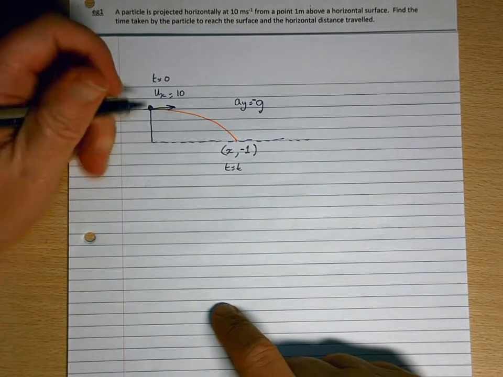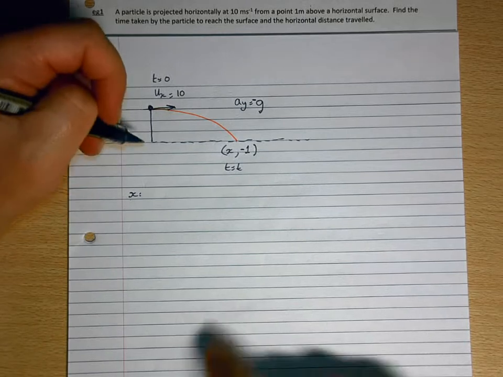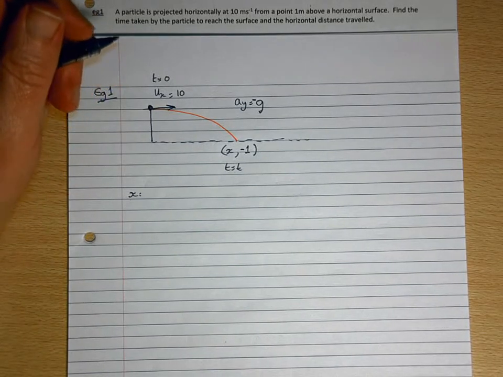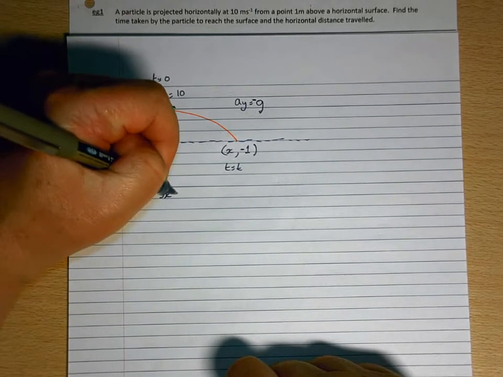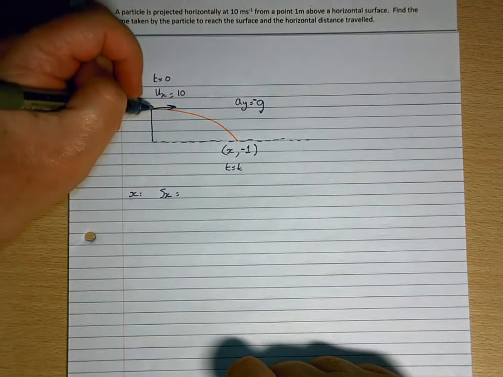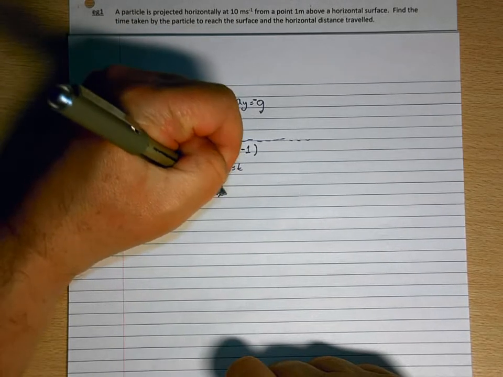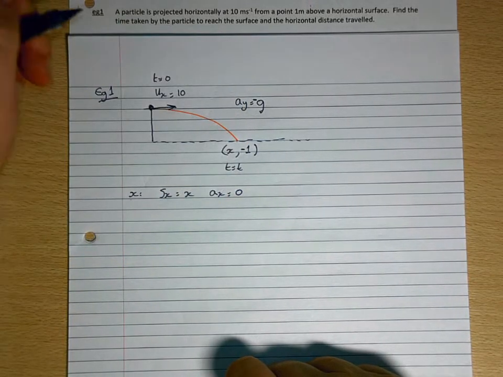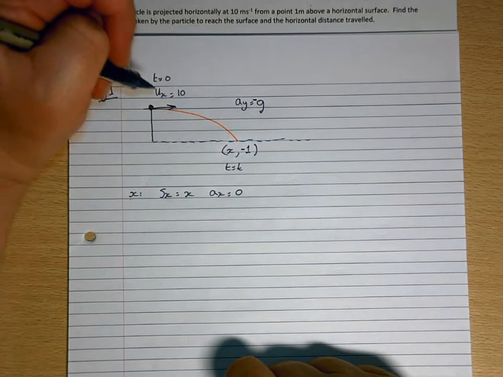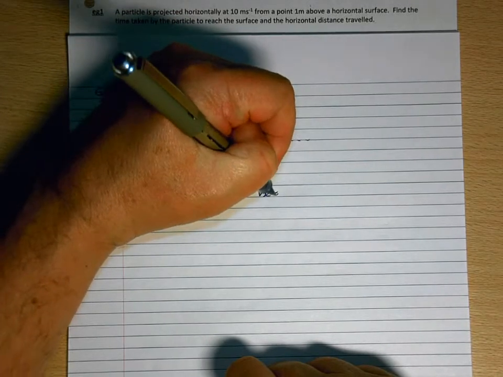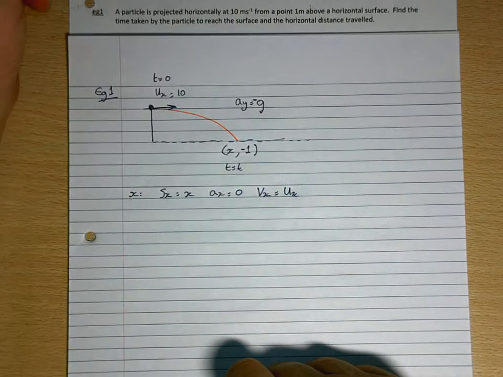So if we consider the x direction, from the constant acceleration formulae, we know that sx, the horizontal displacement, we're calling x. We know that ax is 0. We know that the final velocity, because there's no horizontal acceleration, is going to equal the initial velocity.